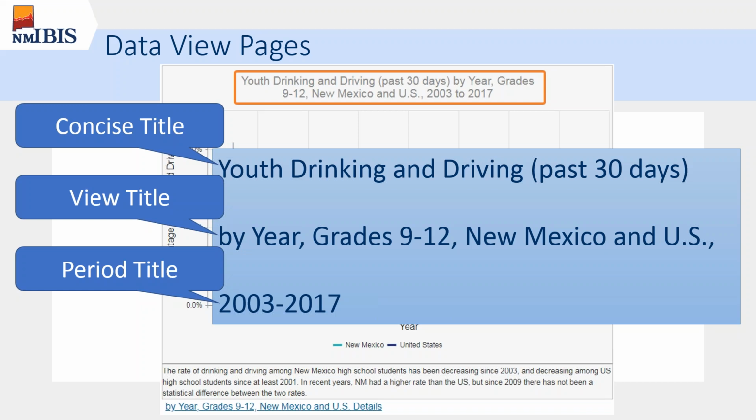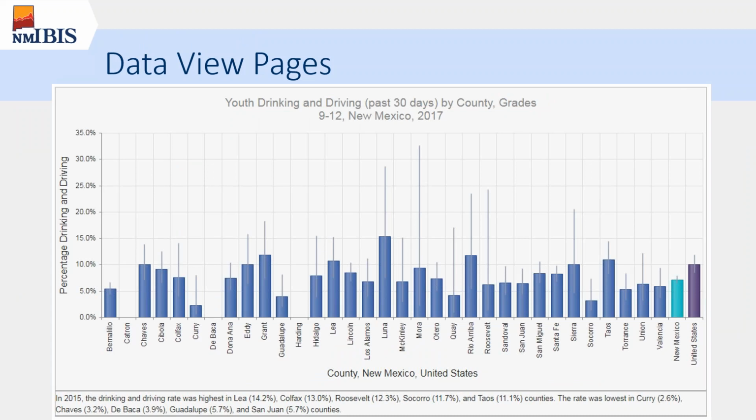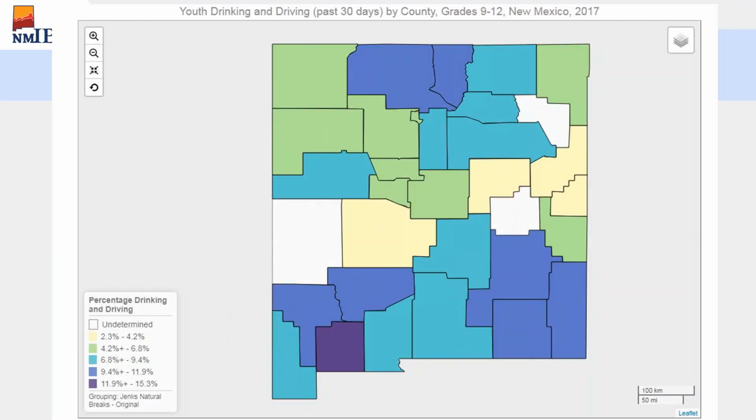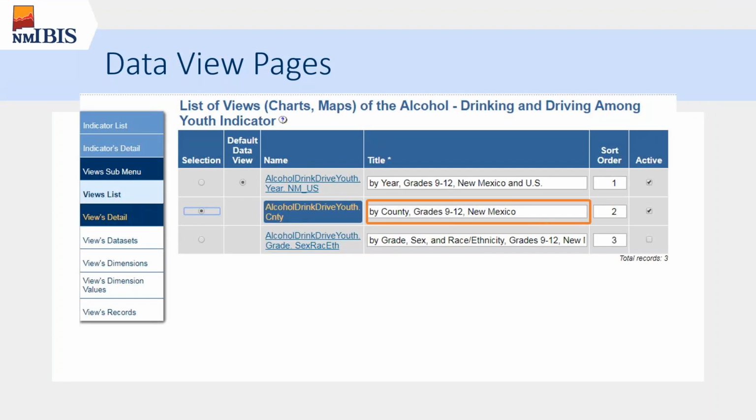So let's look closer at these views. So here's the chart for youth drinking and driving by county. And it also has a map. And the data view looks like this on the view list.